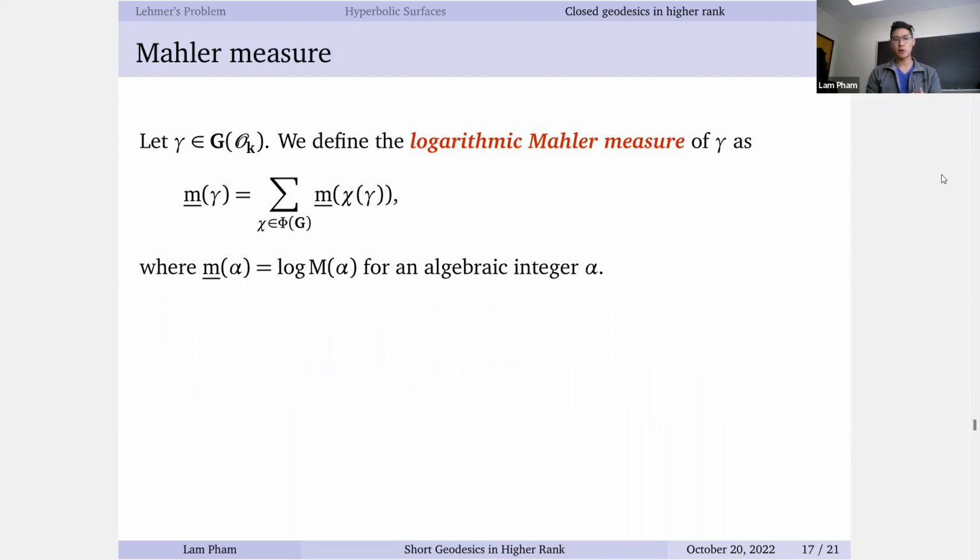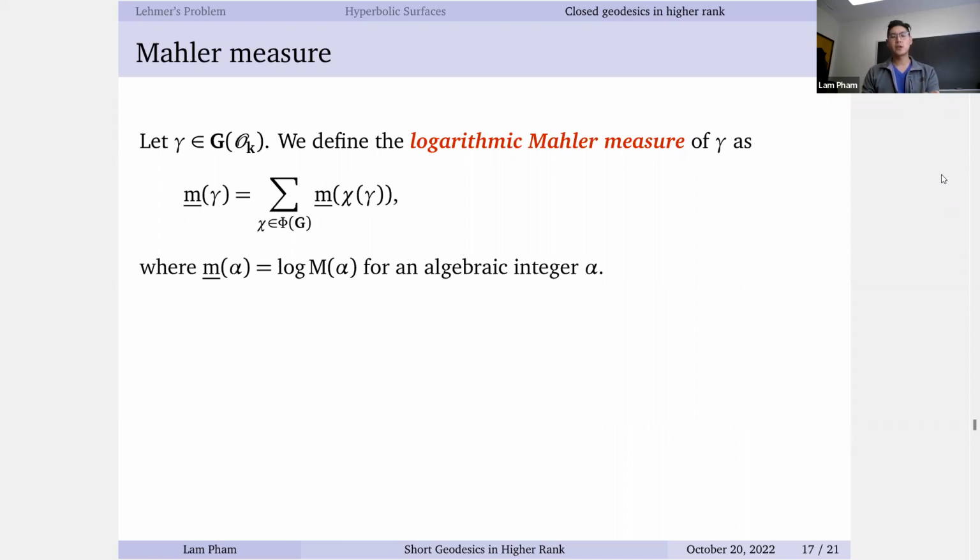Now, one has to be careful in terms of how we define different quantities in this case, because you're defining the Mahler measure of this gamma, and you would like to say that this Mahler measure is like the length of the corresponding closed geodesic, right? But you have to be careful because the way that you define the Mahler measure, there are different constants involved. And so the problem is that in passing from one quantity to another, you may bring in parameters which either go to infinity or to zero as the degree goes to infinity.